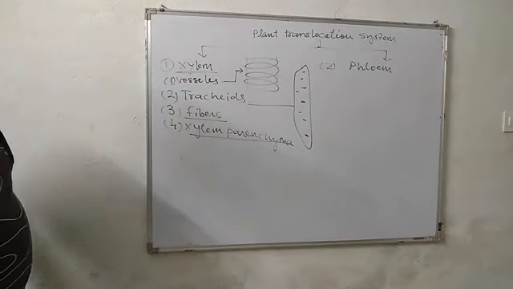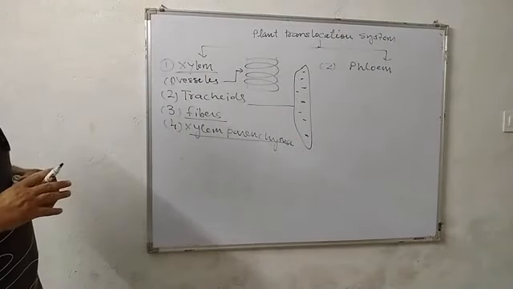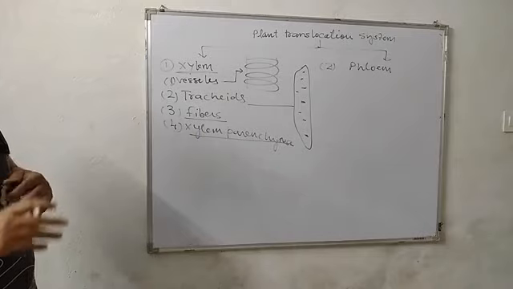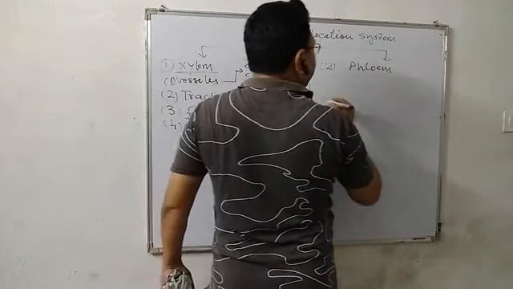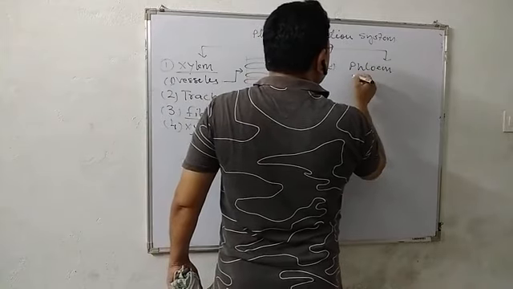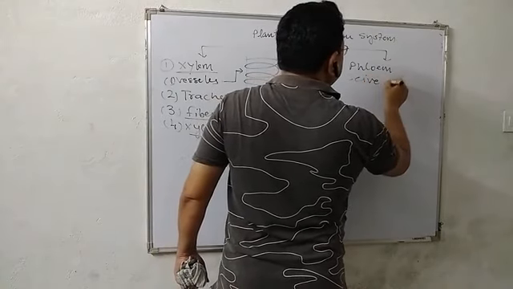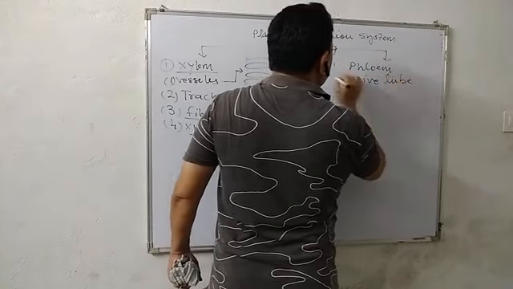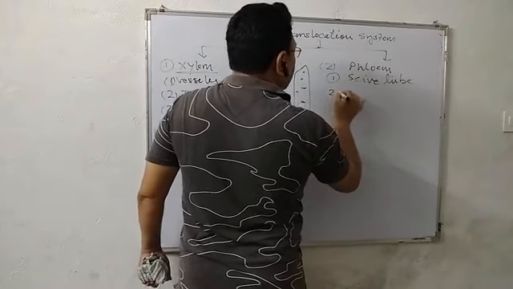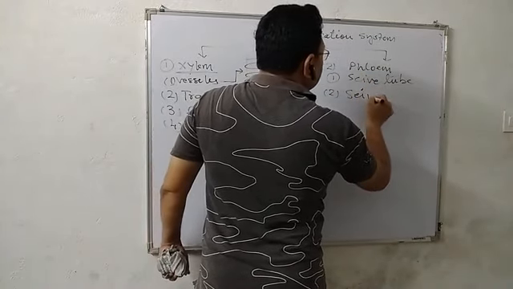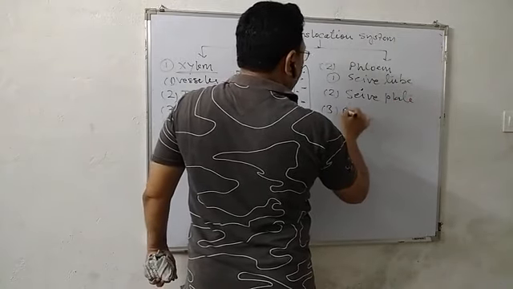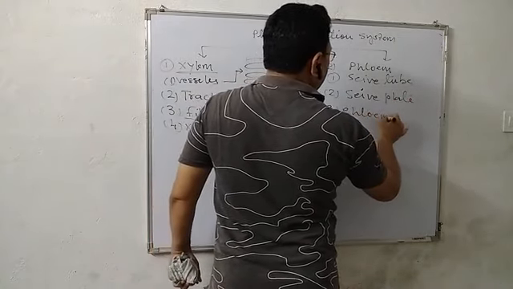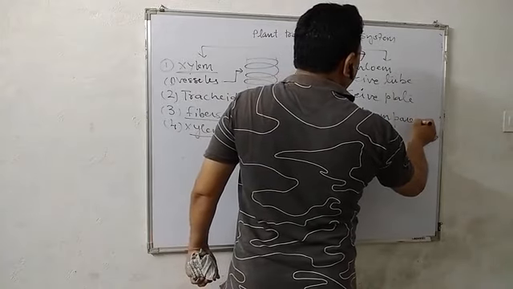Okay? Now, we are going to see the components present in the phloem. In the phloem, you can see there will be a sieve tube, then sieve plate, then phloem parenchyma.